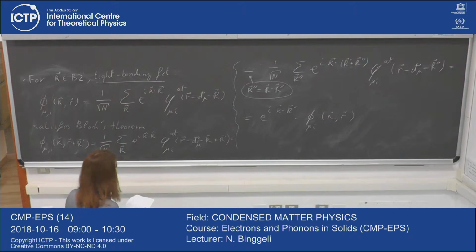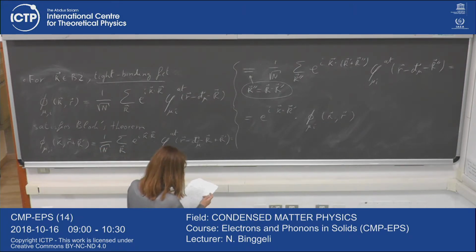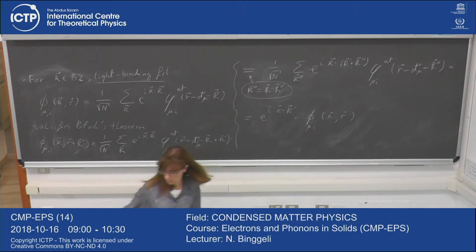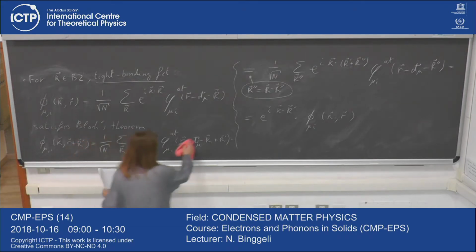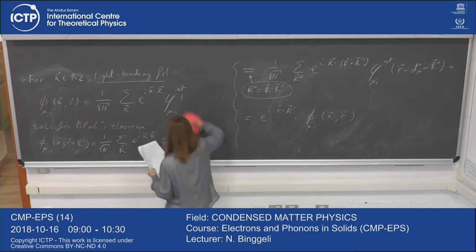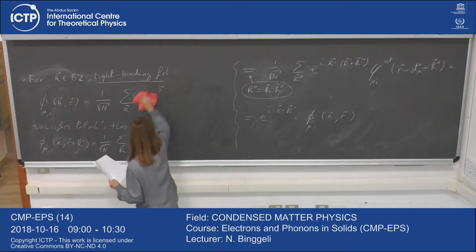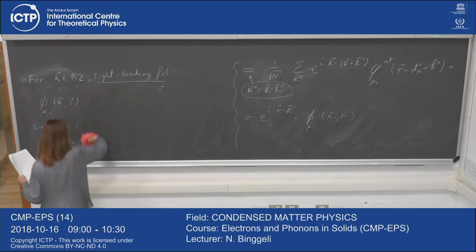All right, so now I have shown that this satisfies Bloch theorem. So now I want to present some example. Let's just consider a system with one atom per cell, one electron per cell.